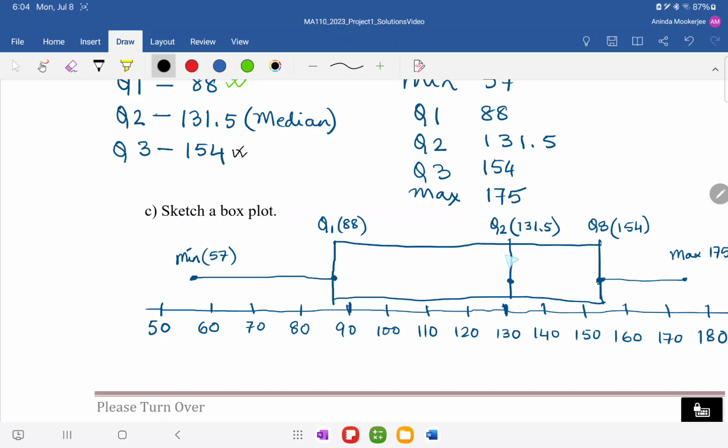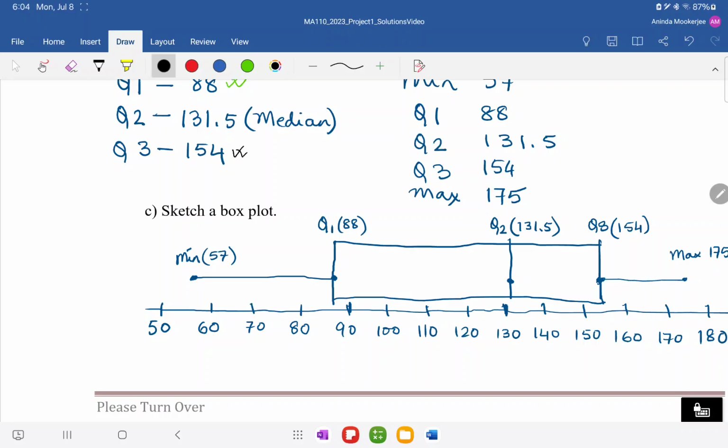So vertical lines first, and then connect it as a box, and then the minimum value and the maximum value are connected using what's called a whisker, a straight line from the minimum value to the box, and the maximum value to the box.